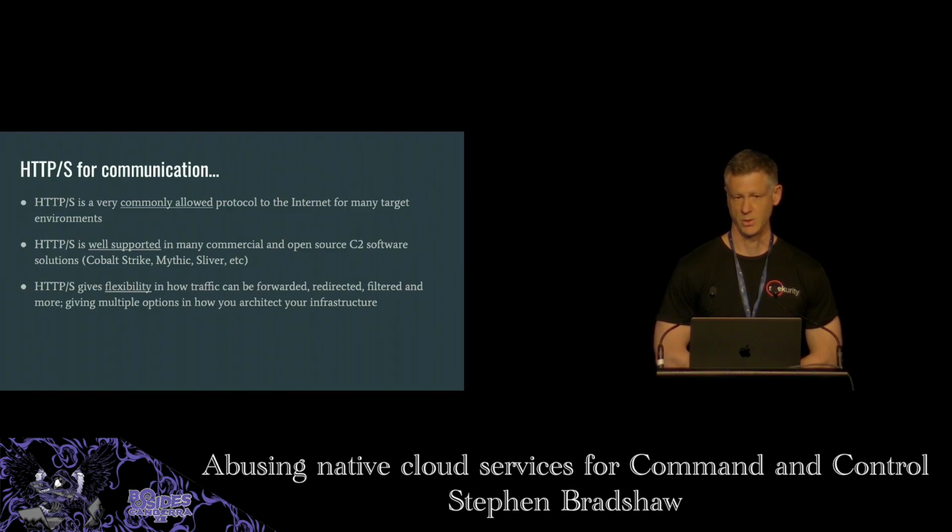Mythic, Cobalt Strike, Sliver, they all support it and they support it really well. Finally, HTTP gives you a lot of flexibility in how you can design and architect your C2 system. There are lots of different third-party bits of software that can do things with HTTP, like proxy it, filter it, forward it, redirect it, etc. And it gives you a lot of additional options in how you can architect your C2 infrastructure.